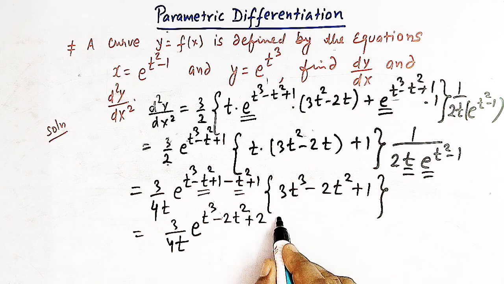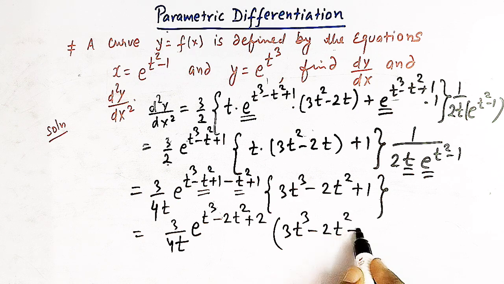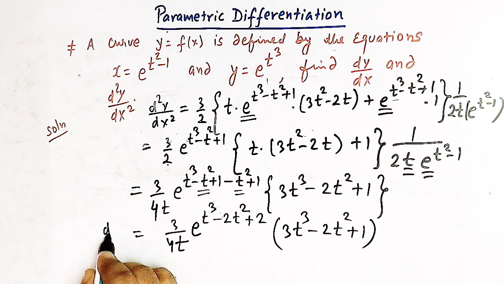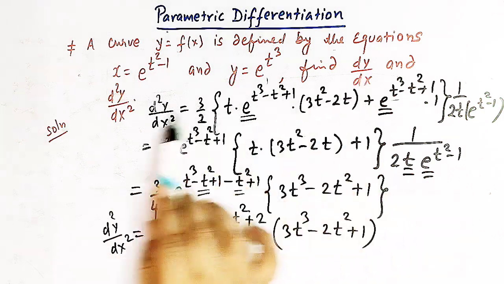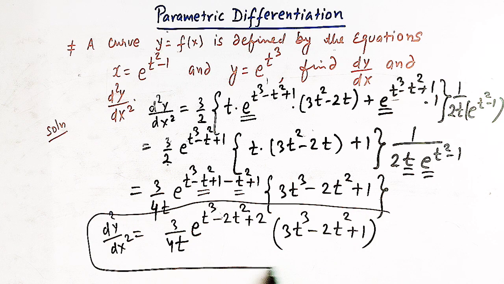And in the brackets we have 3t cube minus 2t square plus 1. So the required expression for the second derivative of y with respect to x is given by this expression.